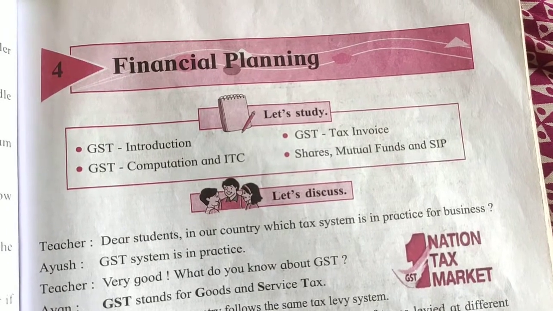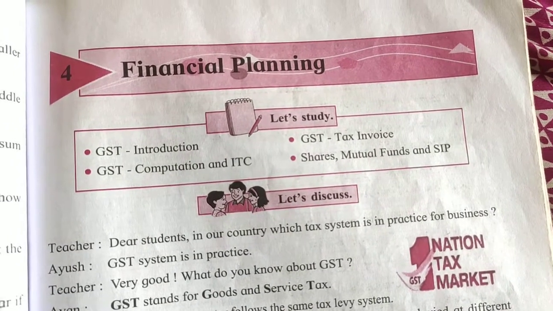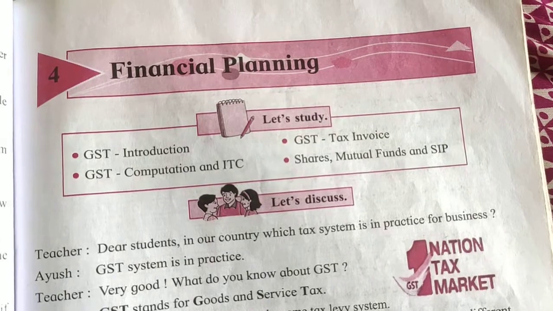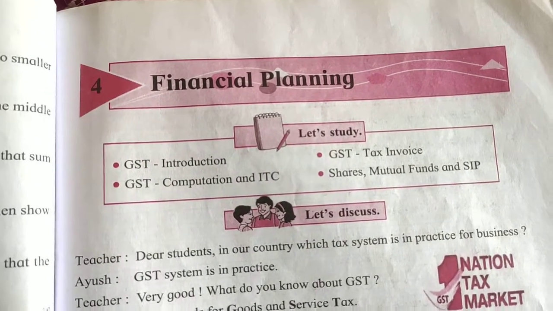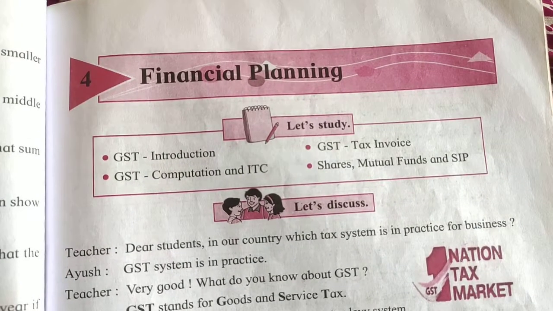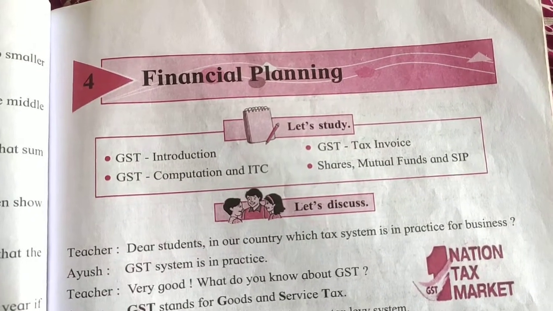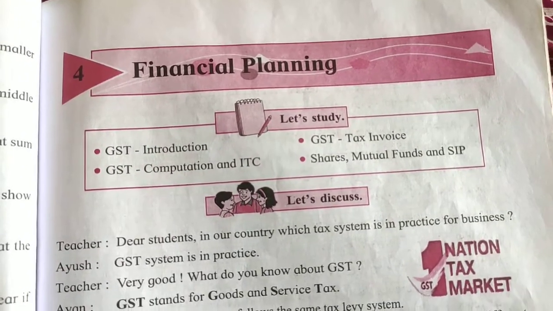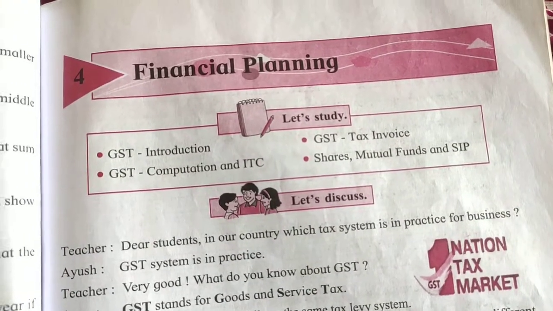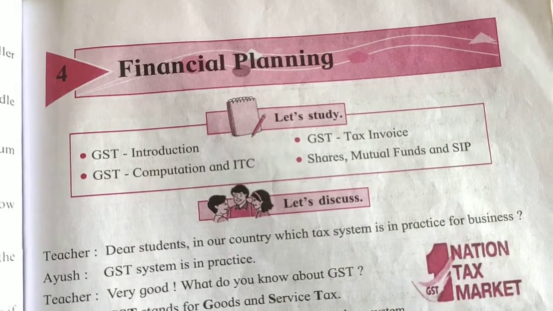MRP means maximum retail price, inclusive of all taxes. So you are already paying tax to the shopkeeper, and on your behalf, the shopkeeper will pay the tax. Always, whatever we purchase, we give some tax to the shopkeeper.